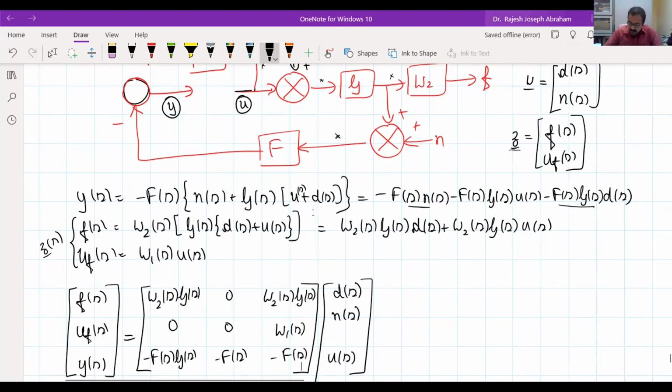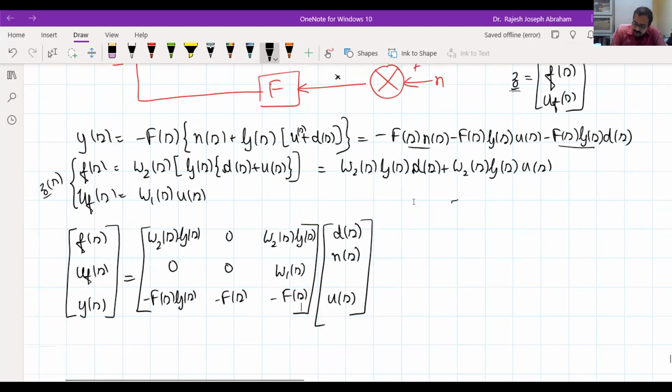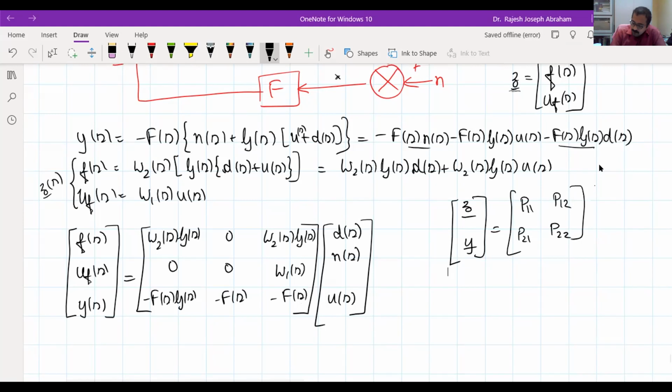Okay. So if you compare this with the standard form, that is Y equals P11, P12, P21, P22 into W, U. Okay. What is my Z bar? Z bar is this. What is Y bar? Y bar is this. Fine. What is W bar? W bar is this. And what is U bar?